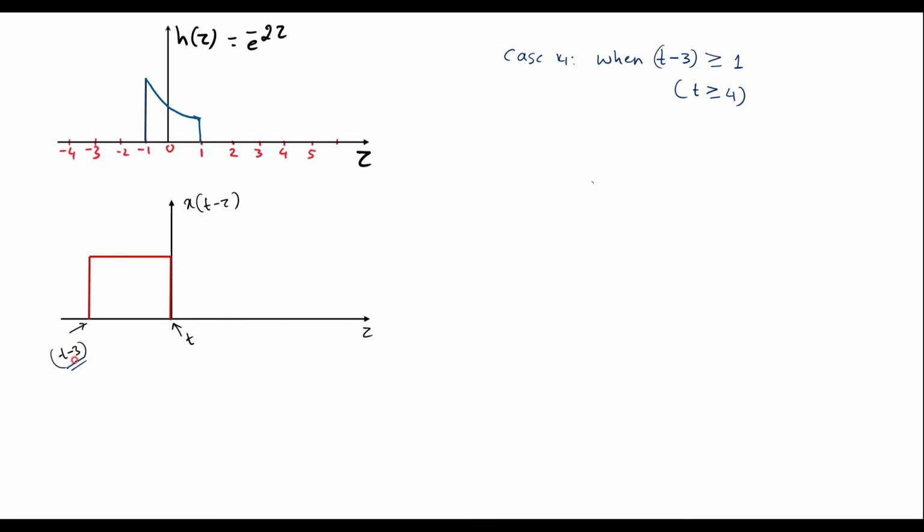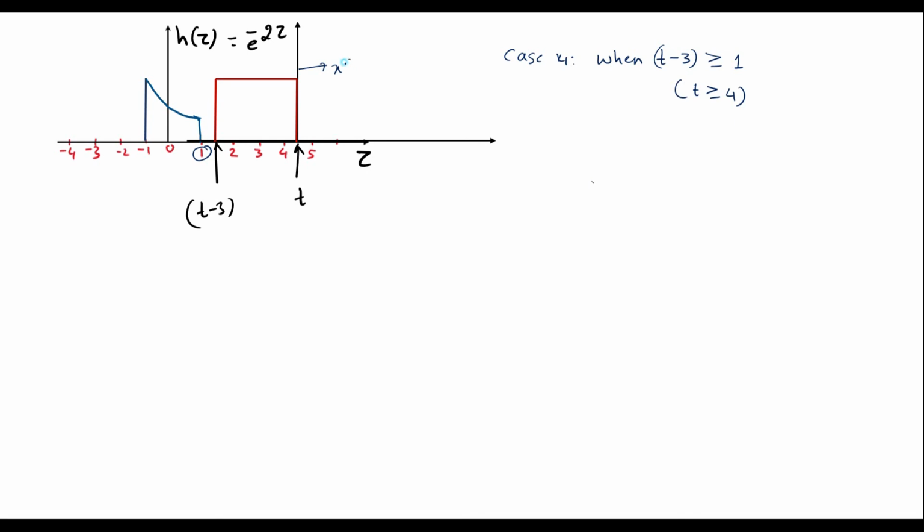This t minus 3 should be greater than or equal to 1. So we are supposed to shift this x of t minus tau signal towards right such that t minus 3 point should cross 1. I will show this by overlapping x of t minus tau signal on h of tau.